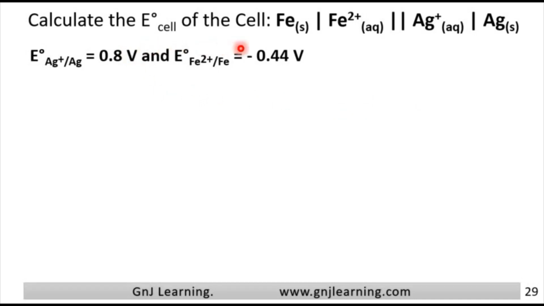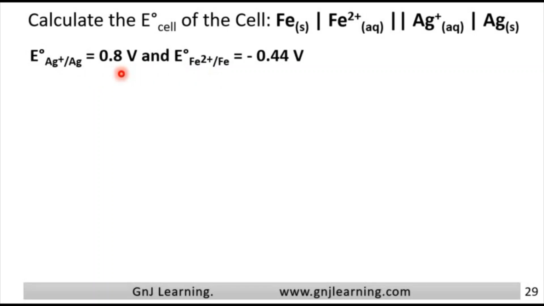Calculate the E0 cell of the cell where the iron electrode is the anode and silver is the cathode. In cell notation, the anode is always placed on the left and the cathode on the right. The question is also provided with E0 of silver and E0 of iron.